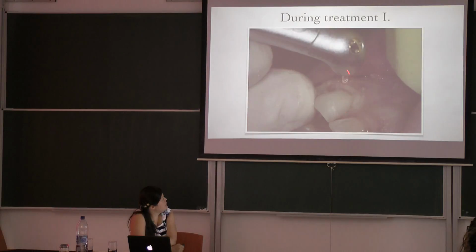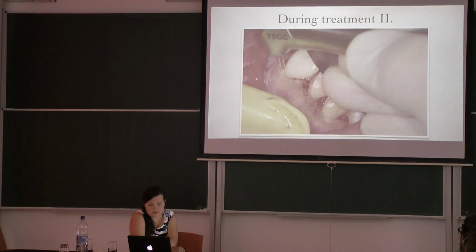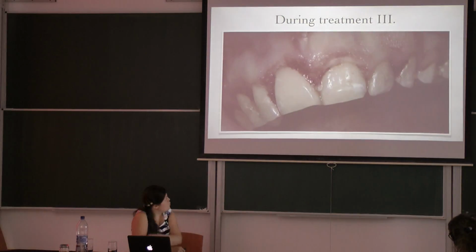This is during treatment. This is also the erbium chromium, taking off the layers of the gingiva. You can see the right side is done, the left side not yet. This bleeding was because I probed and took off some filling material from under her gum.